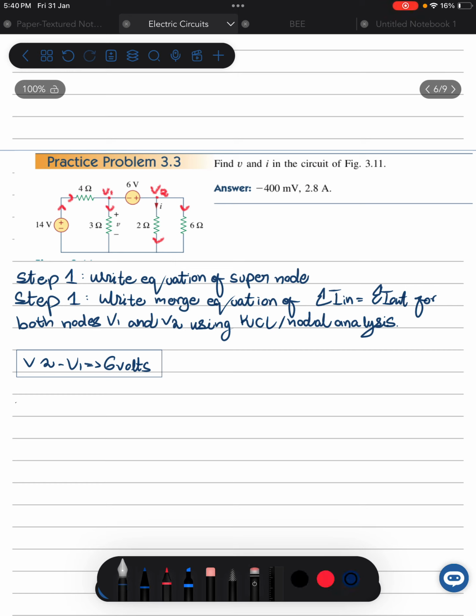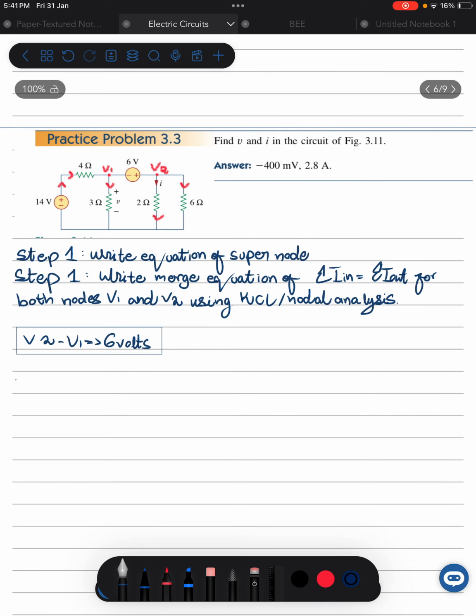Okay, let us write down the merge equation. The current entering is (14 minus V1) divided by 4, and the current leaving is V1 by 3 plus V2 by 2 plus V2 by 6.